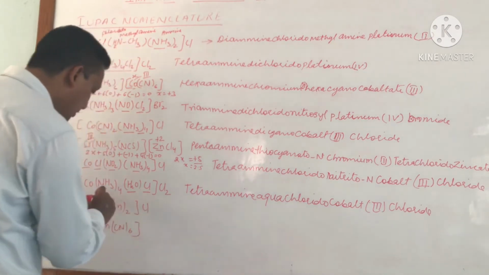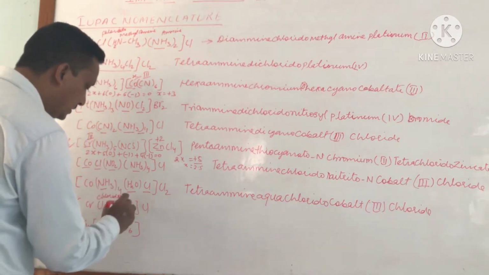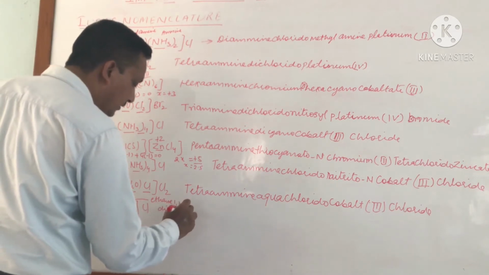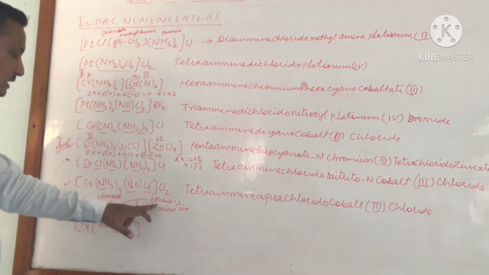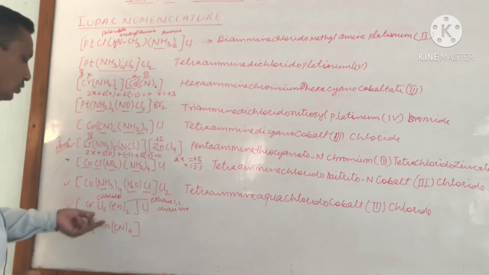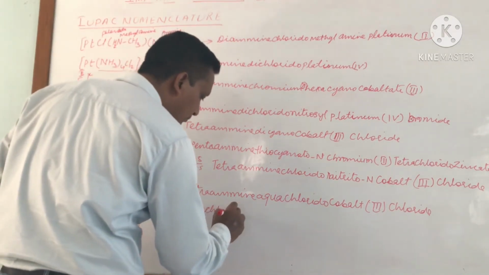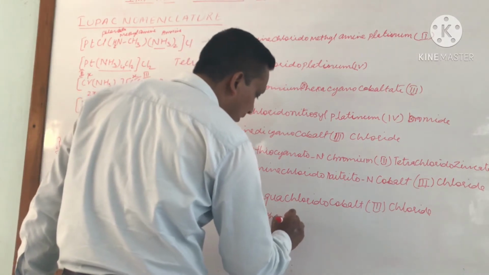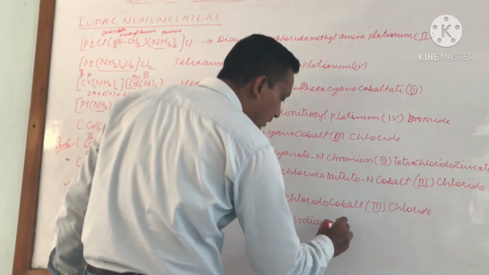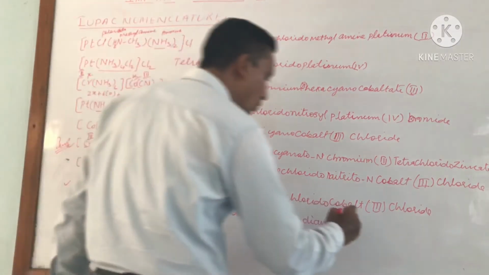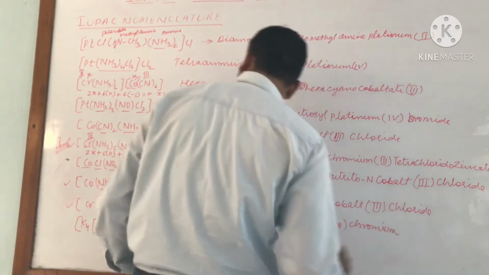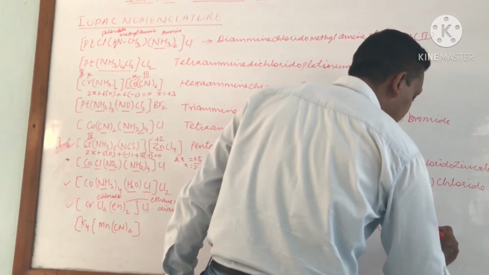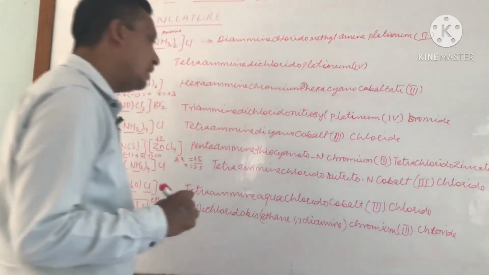It is chlorido and it is ethane-1,2-diamine, which comes after C. So first of all we write chlorido, so it would be dichlorido, then bis(ethane-1,2-diamine), then chromium, then the third oxidation state of chromium, and then chloride. So this would be the IUPAC name.